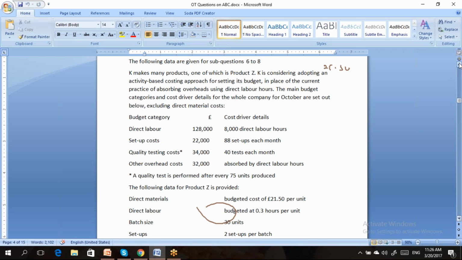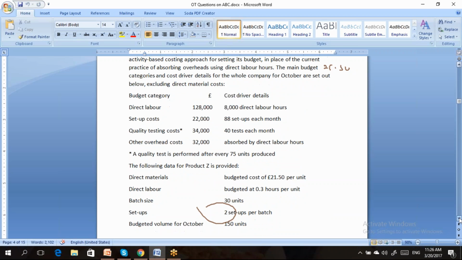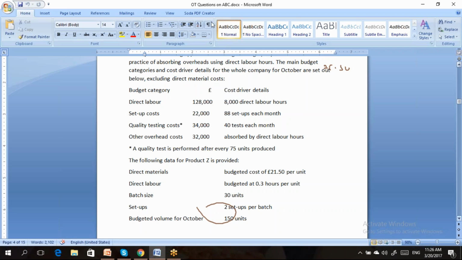The product is going to take 0.3 hours. So 16 per hour, 16 into 0.3. The labor is 480. Agree? 16 per hour, 0.3 hours means 16 times 0.3, 480.